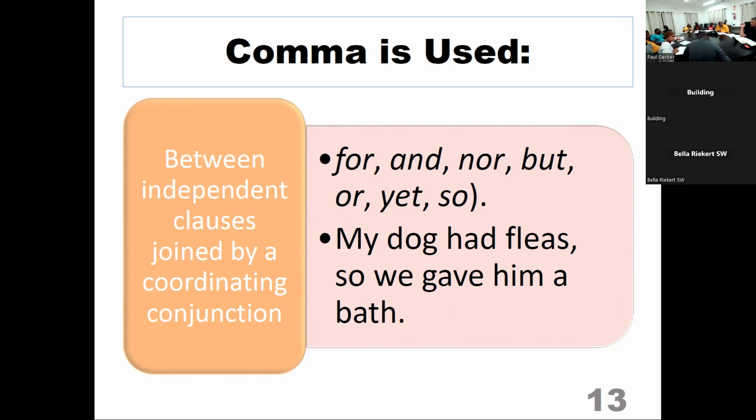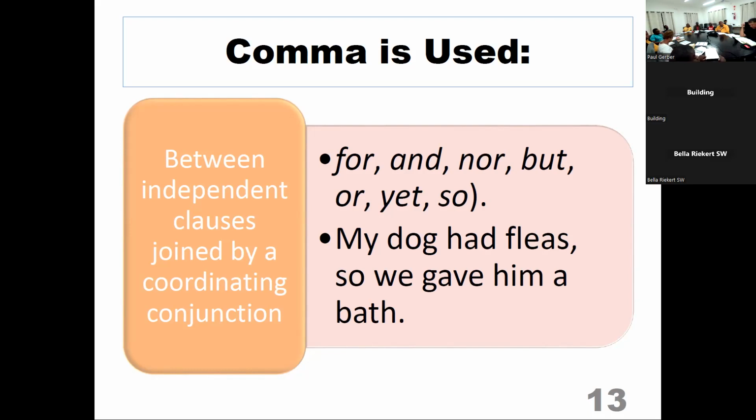I had to do this, this, this, this, and this today. When you're listing things, you put a comma in between, especially with a shopping list. You're going to put that comma, that comma, that comma, and so on. That's how you use the comma.